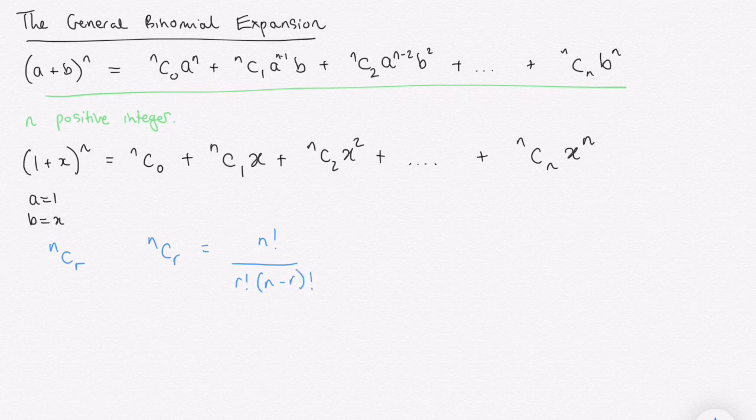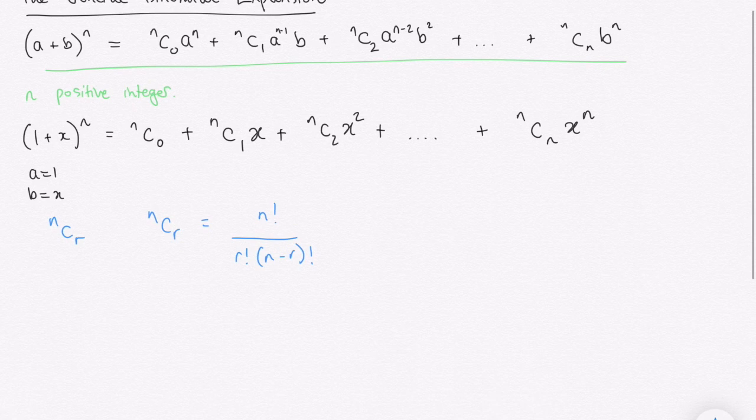Let's go and calculate a few of these. We already know that n choose 0 is equal to 1, but we can show that using the formula. n choose 0 is n factorial over 0 factorial times n factorial. The n factorials cancel and 0 factorial is 1, so that is 1.